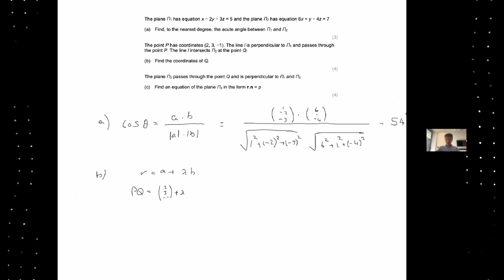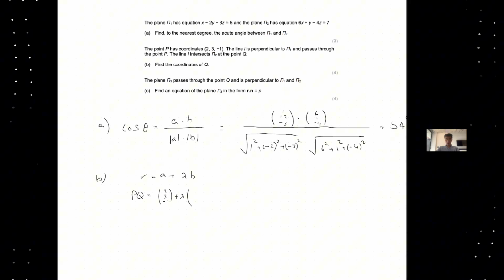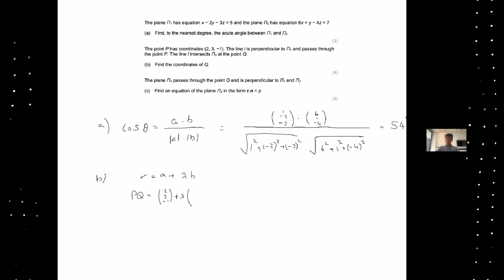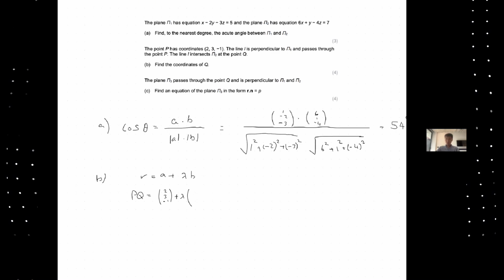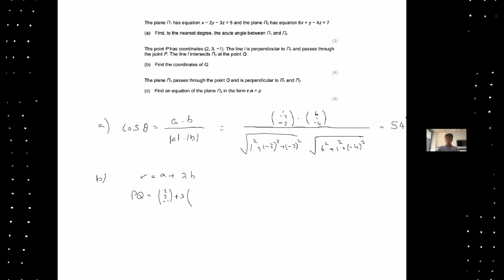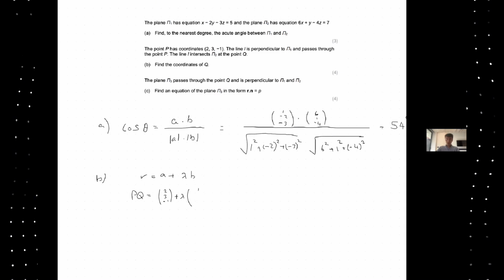B is just a direction, right? Do I know the direction? Because it's perpendicular to plane 1, well, yes, I do. That's just going to be the coefficients of x, y, and z. That's the normal vector, which is the direction. Because it's perpendicular, we know it's going to be the normal. So we can just take the coefficients, which are 1, minus 2, minus 3.